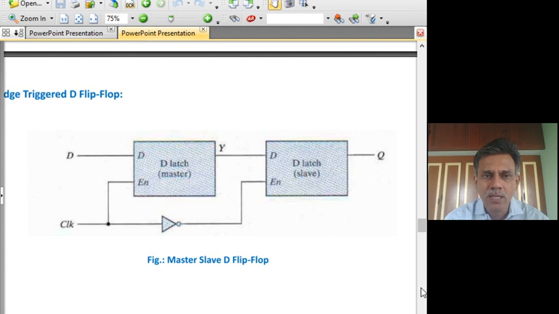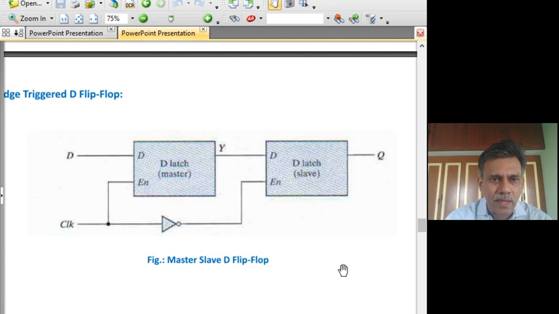And during the transition, when the clock goes back to the original value, in that transition the master stops following the external D input, while the slave will start following the master, and it will retain the value that is frozen by the master during the transition until the next transition comes. In this manner, the slave simply follows the master, hence the name master-slave flip-flop.